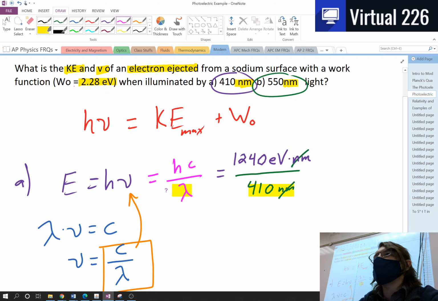So hc equaling 1240 eV nanometers is extremely useful moving forward. Otherwise, we have to remember both 6.626 times 10 to the negative 34 and 3.0 times 10 to the 8th. Too many things to memorize. Let's just go with the 1240.